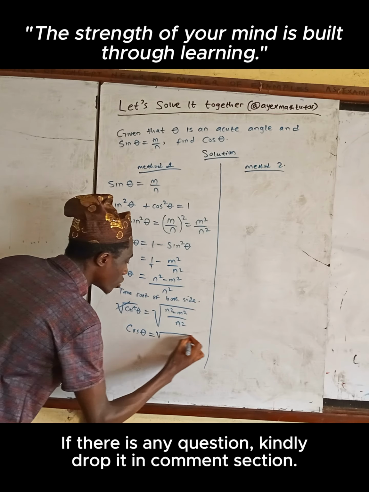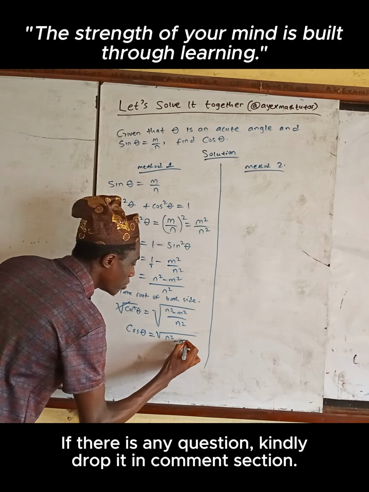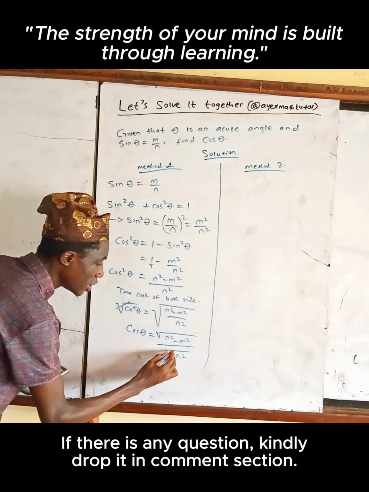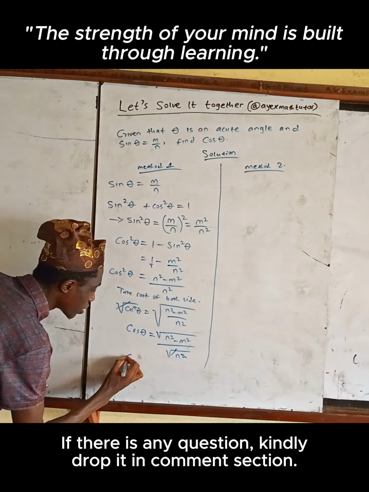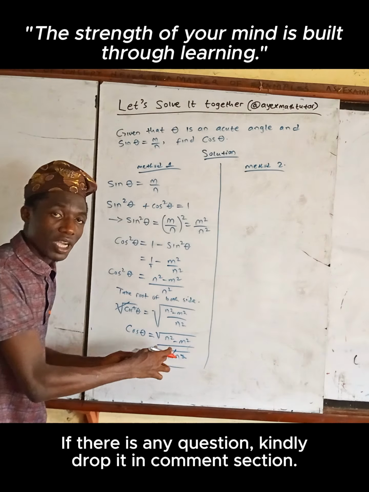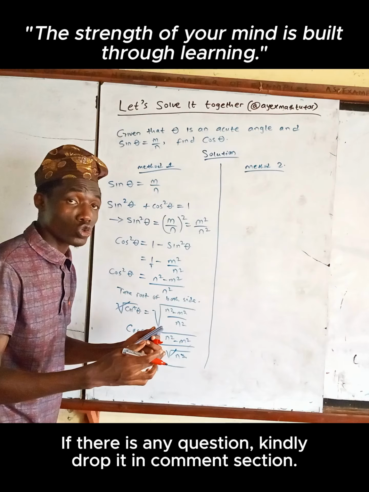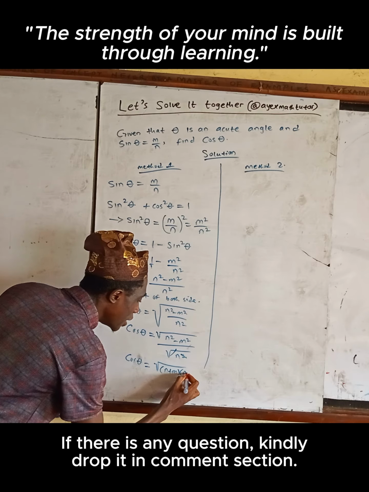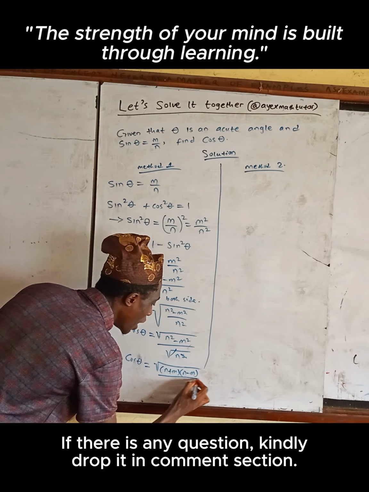You have the square root of n square minus m square divided by the square root of n square. This will cancel this. So our cos theta will now give us the square root of n square minus m square. This is the difference of 2 squares. So it's going to give us n plus m, n minus m, then divided by n.